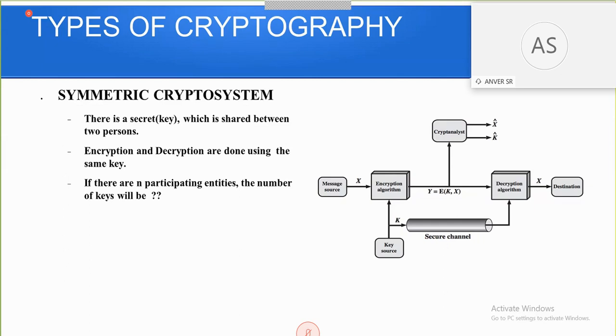And there is the cryptanalyst. He is viewing the ciphertext, and he is always trying to find the original text, that is X cap, and the key K cap. Okay, so at the receiving side, the receiver is decrypting the ciphertext using the same secret key. That is symmetric crypto system.